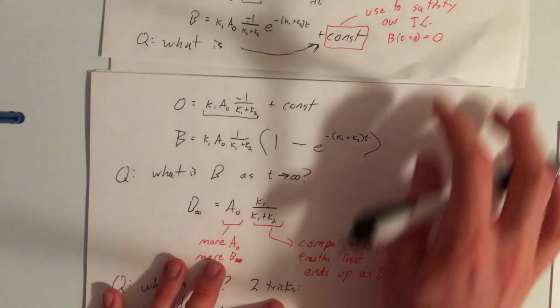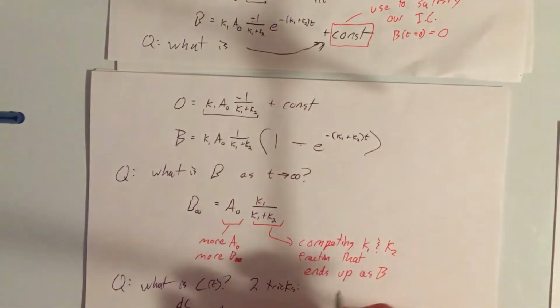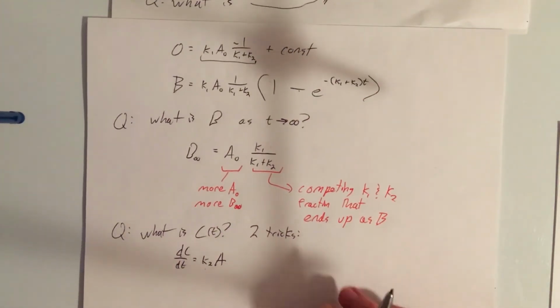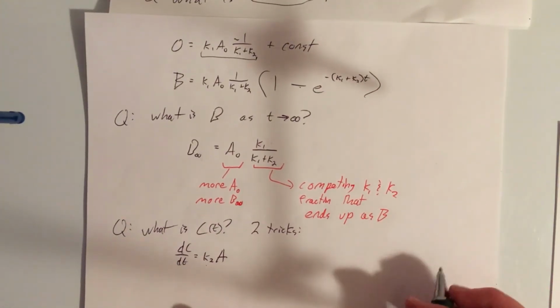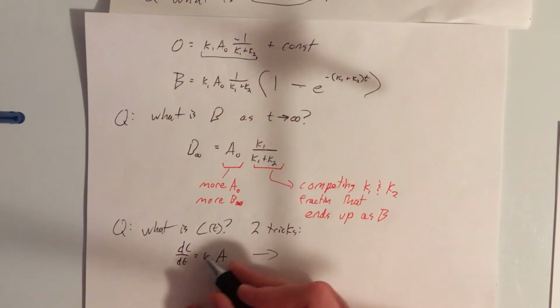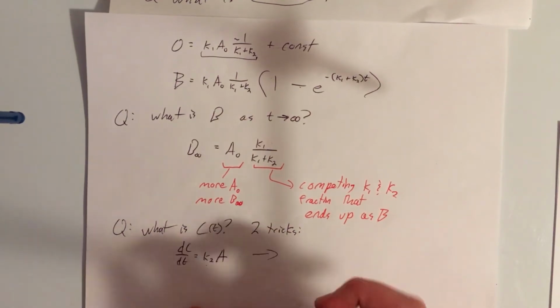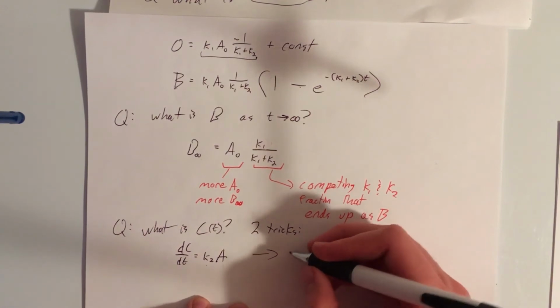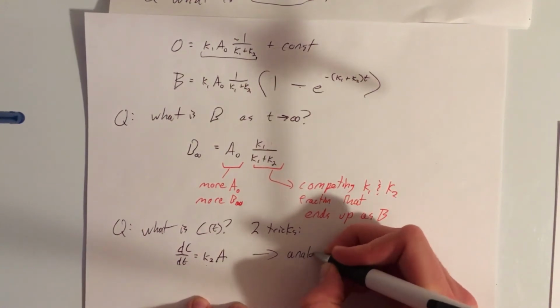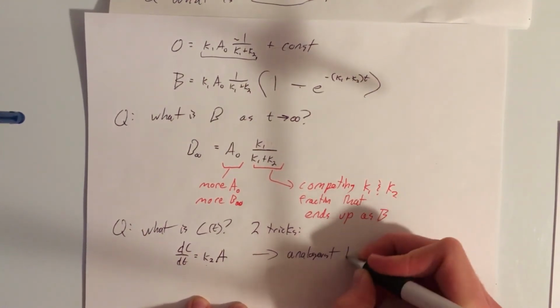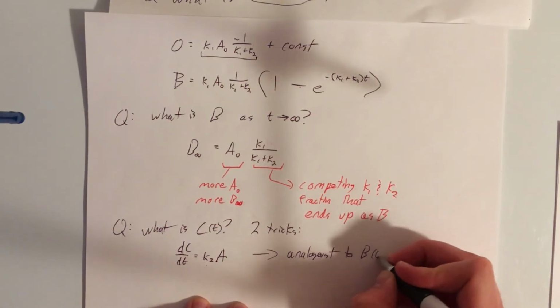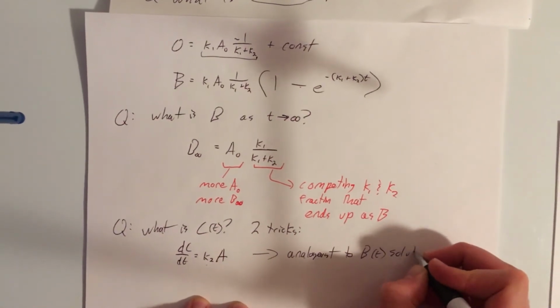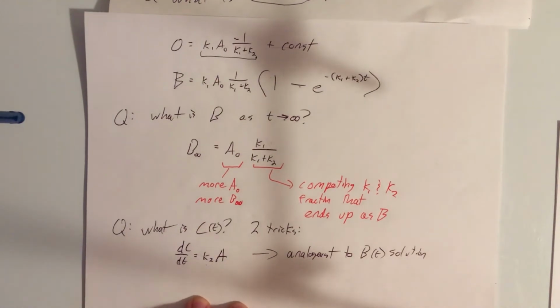So we can just notice that the form of the solution is going to be the exact same thing as what we got for B, but we're just going to have K2s instead of K1s. So it's analogous to our B of T solution.